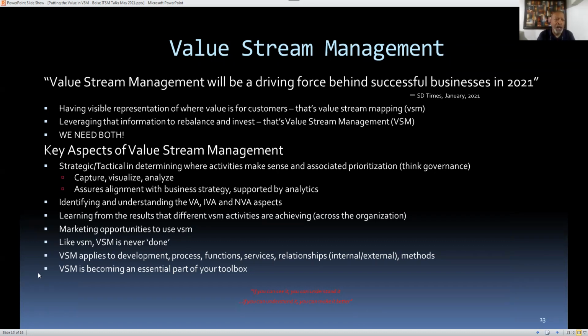Now, if you look at one of the slides that Jeff presented, where he talked about the marriage of ITIL and DevOps and Agile, and Lean, and I would actually throw in COVID. And Jeff did point out that value stream mapping really is a Lean concept. It's not new.